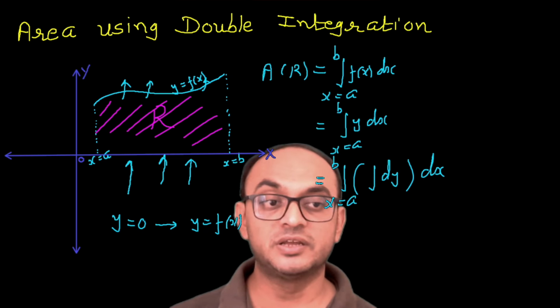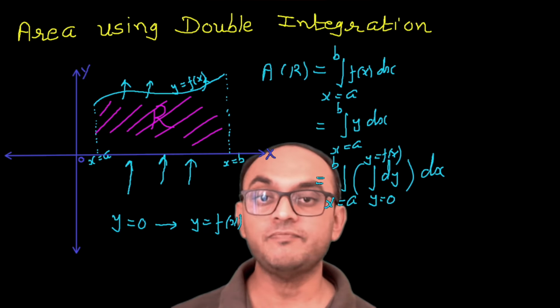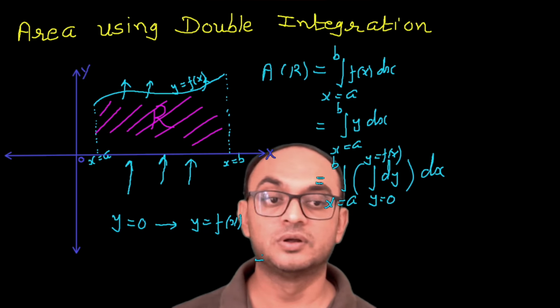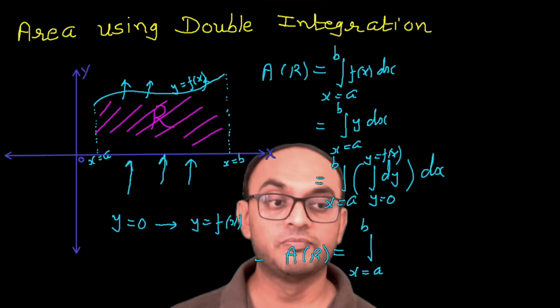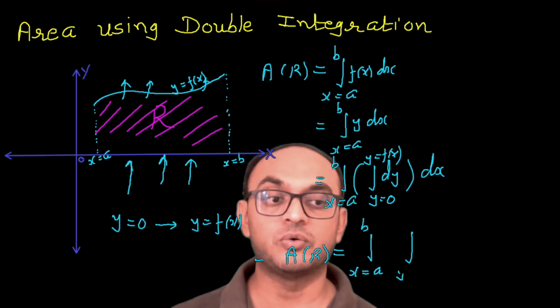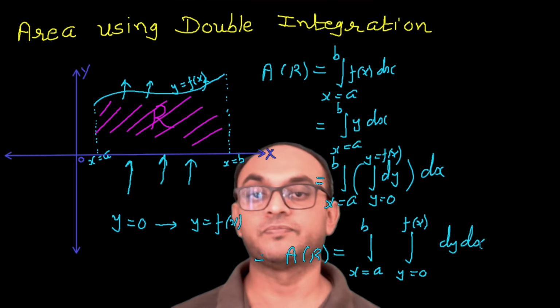And therefore, area of the region R can be represented by integration over x from a to b, integration over y from 0 to the given function f of x, dy dx.